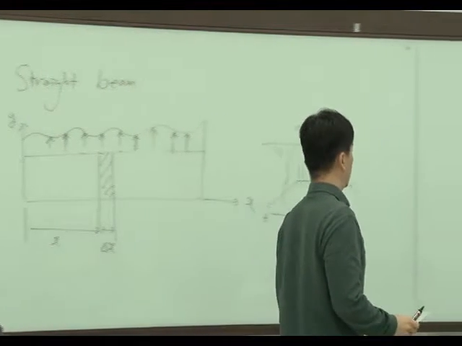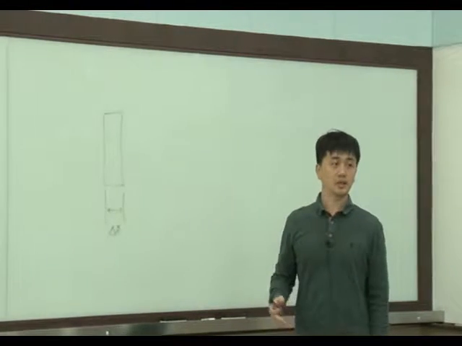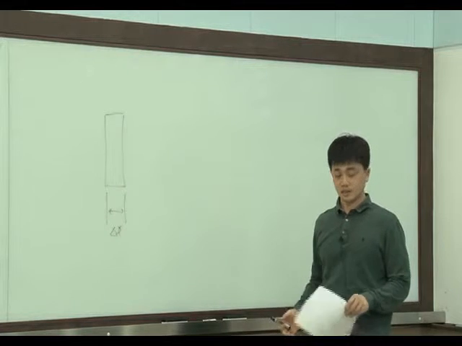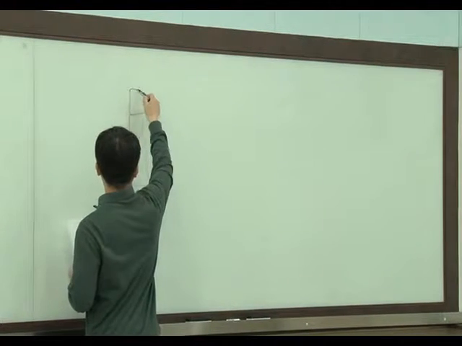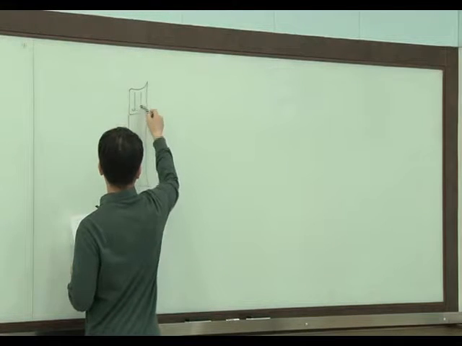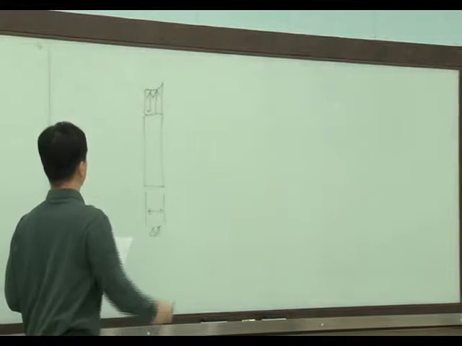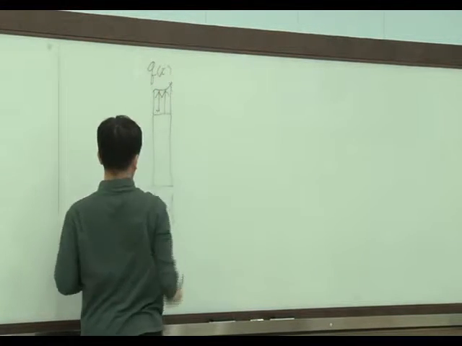Okay, so now let me draw the free-body diagram. What kind of forces can act on this part of the beam? So first of all, it has some distributed force here, q(x).